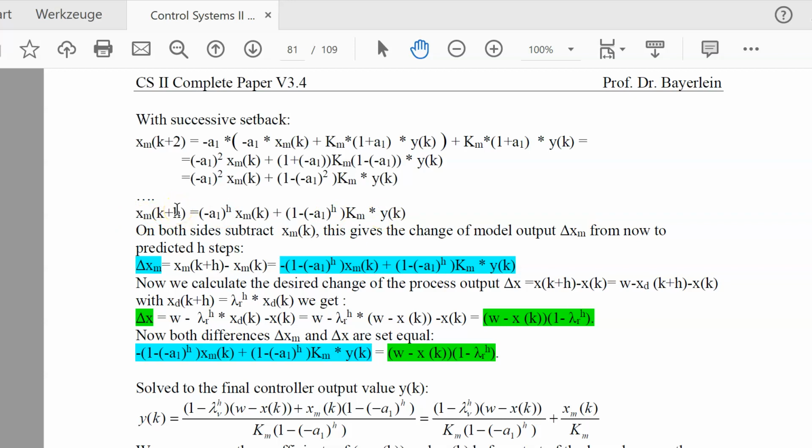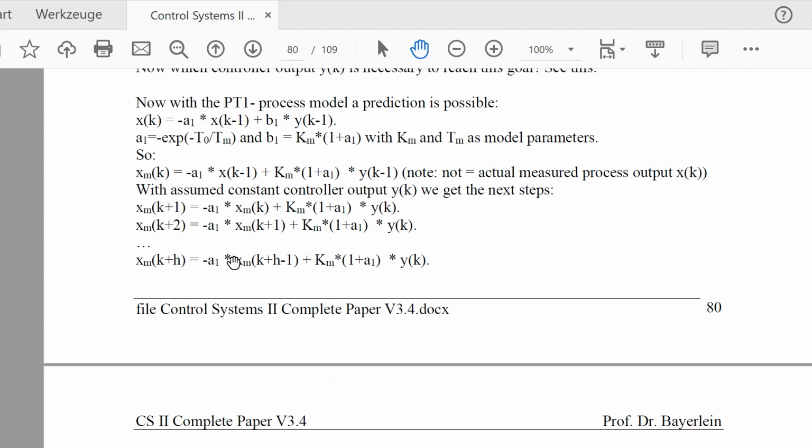So what I do is now I calculate the difference from future situation minus actual situation. So I subtract from this equation, I subtract xm of k.